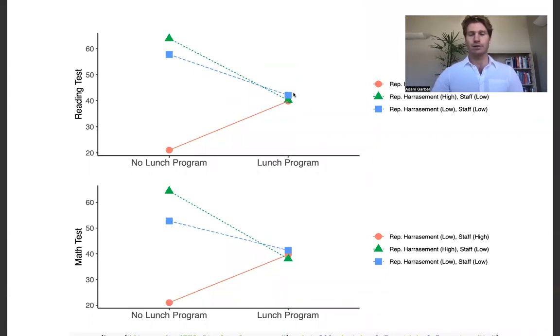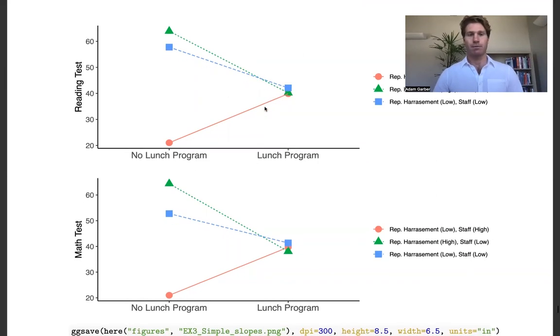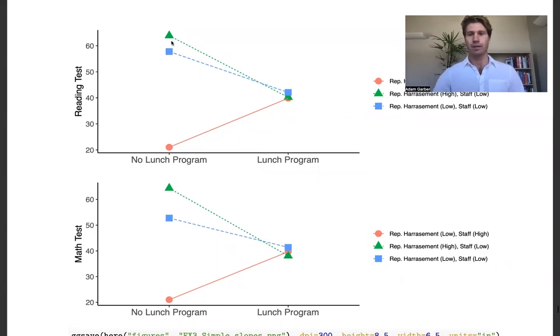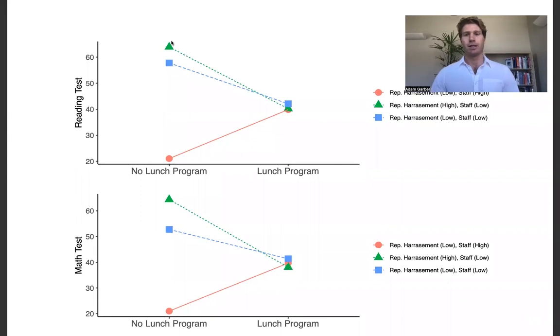Also, it's interesting that for schools with a lunch program, they're all performing clustered around this 40 mark for both reading and math test assessments. So it's really these schools without a lunch program that probably range in SES.